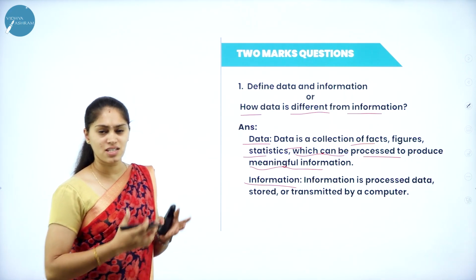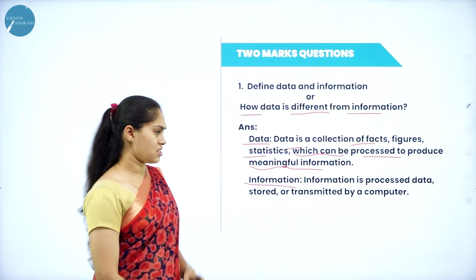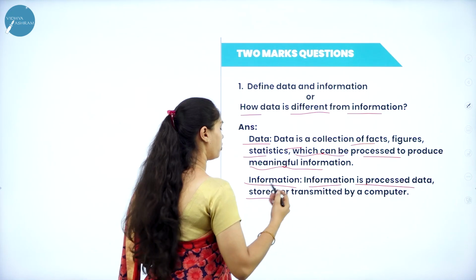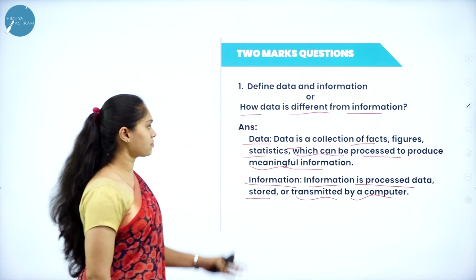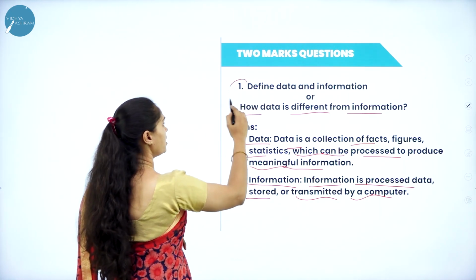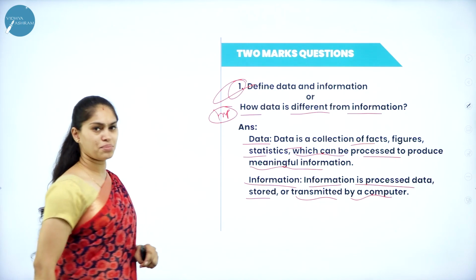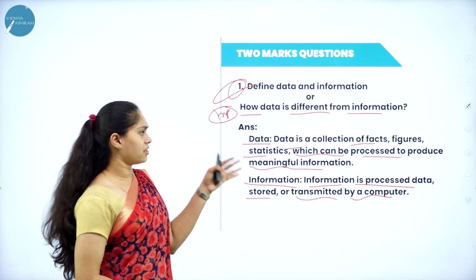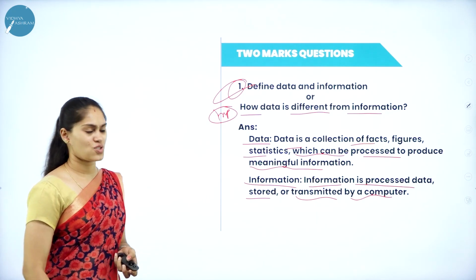It's already processed, and we have only the content which is required for us. That is information. It's processed data which will be stored and transmitted by a computer. This is the most frequently asked question, and you should consider it an important question from this chapter. Define data and information, or how data is different from information, or write the difference between data and information.